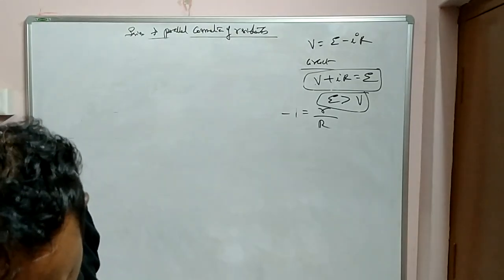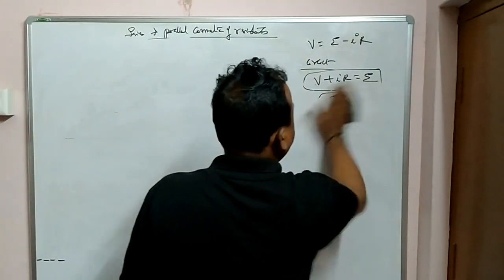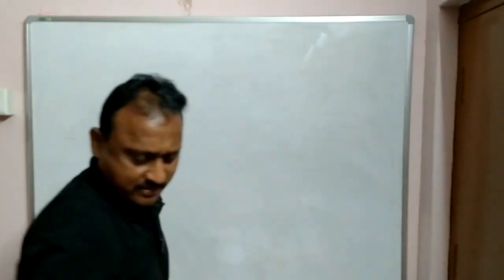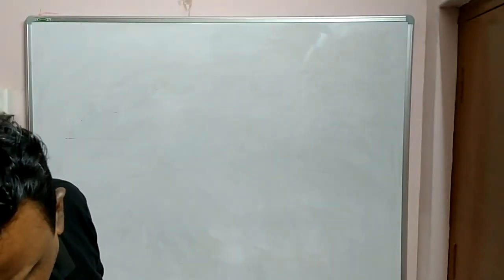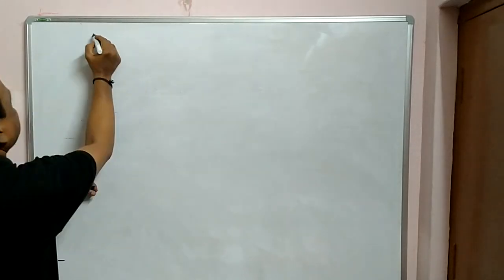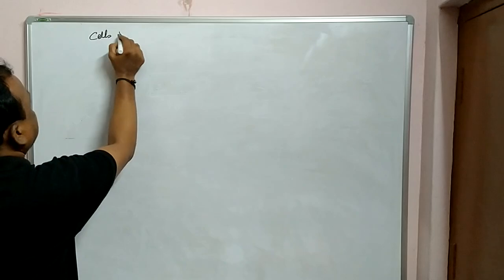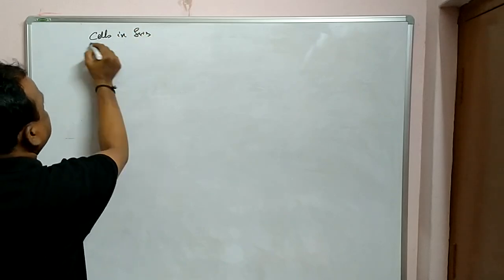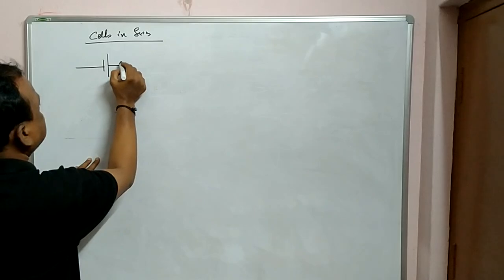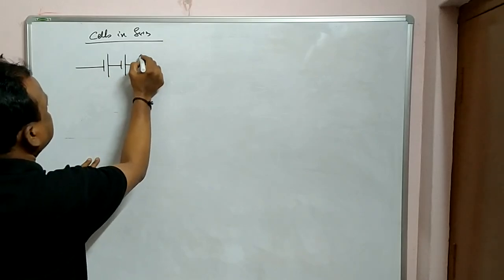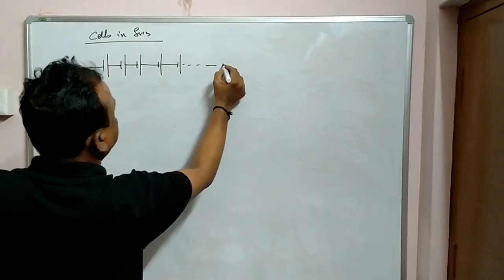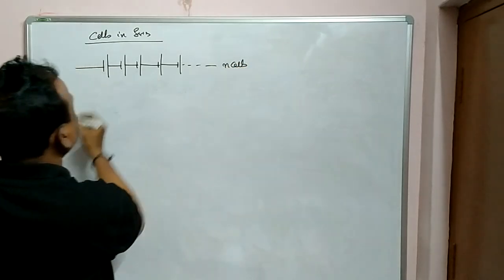Now let us go to the next thing: cells in series and parallel. Very important things. In the examination they ask about cells in series or batteries in series. Cells in series you can connect as usual like this, for n cells.